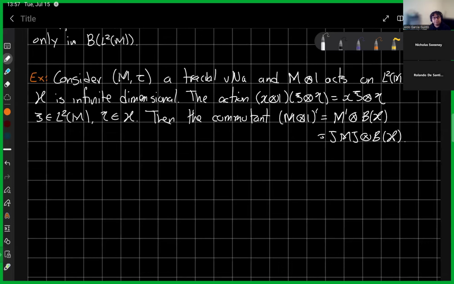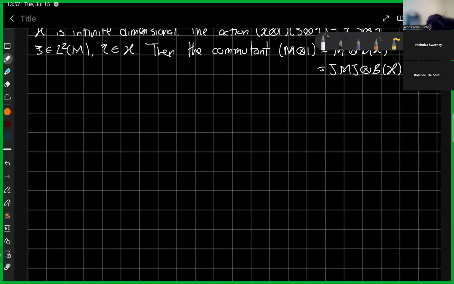I forget where, probably when you first defined von Neumann algebras. But nice. So notice that in this case, this is not a tracial von Neumann algebra, mainly because of B of H being there.